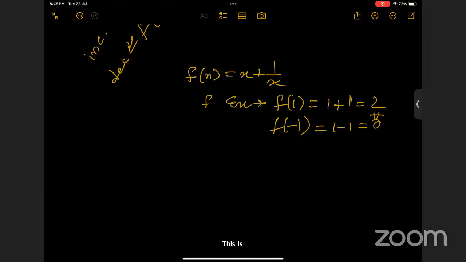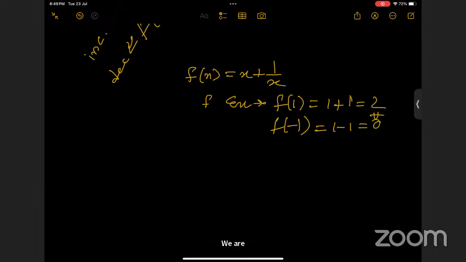Do you have any other option? Any other example? Try to think. It won't work on 0 as well because 1 by 0 is infinity. We are not including 0 in our domain.